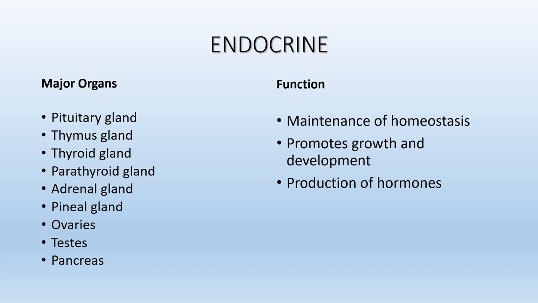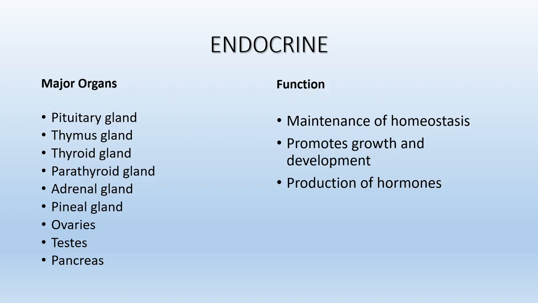The major organs are going to be your endocrine glands: your pituitary gland, your thymus, your thyroid gland, the parathyroid gland, the adrenal gland, the pineal gland, the ovaries or testes, and then the pancreas. The function is to help maintain homeostasis, this general equilibrium of balance within the internal body.